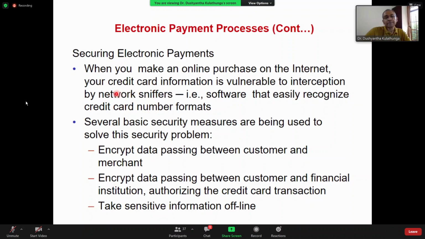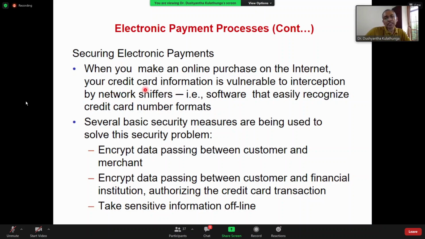The third party tries to see the communication taking place between your computers and the other computers, and tries to access the communication taking place in between.